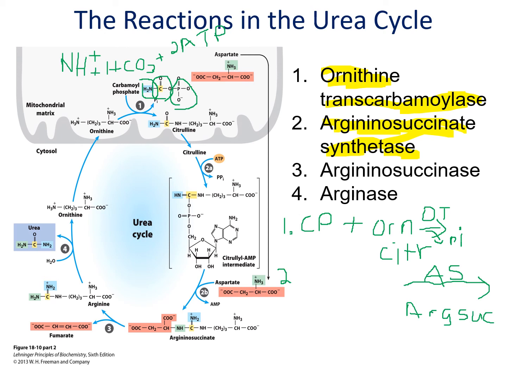All right, so what to notice about this arginosuccinate is part of it comes from aspartate. So let me use another color. I take my citrulline, and I'm going to add to it an aspartate.